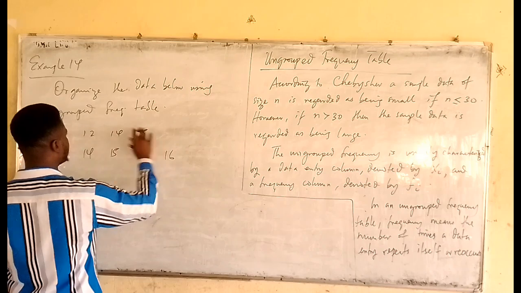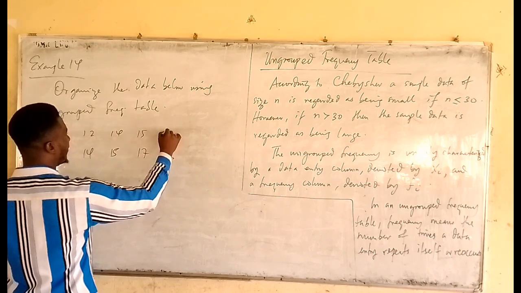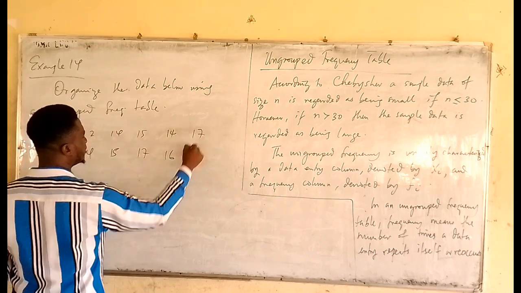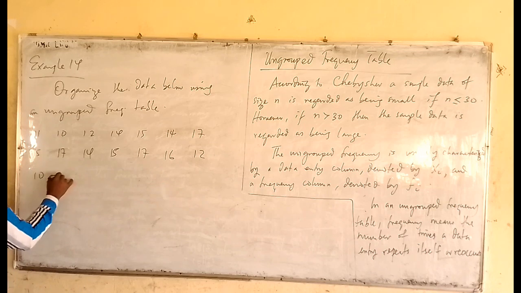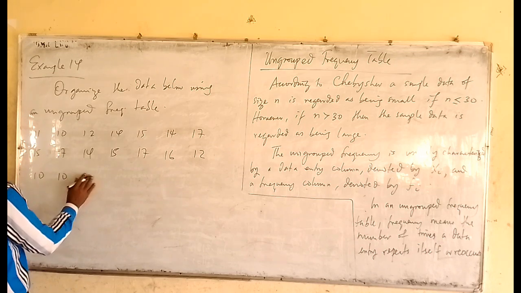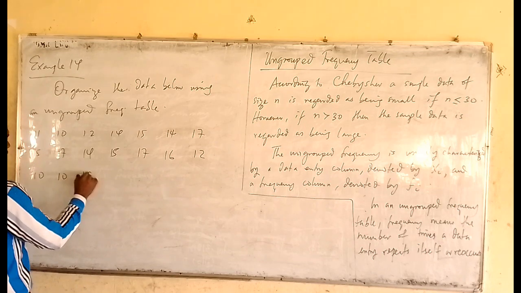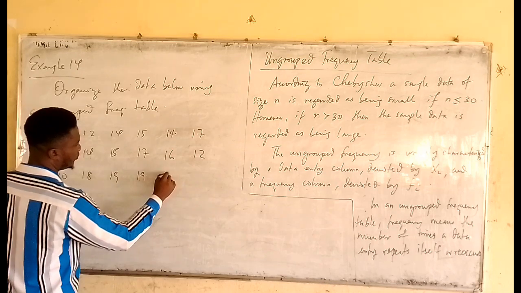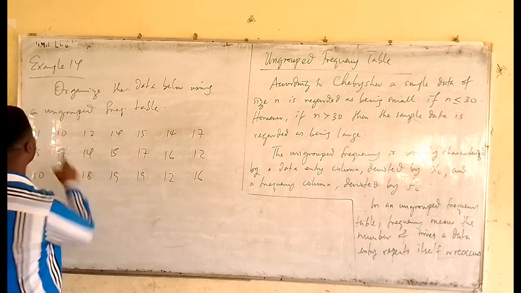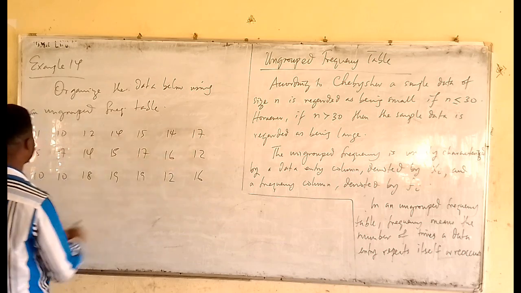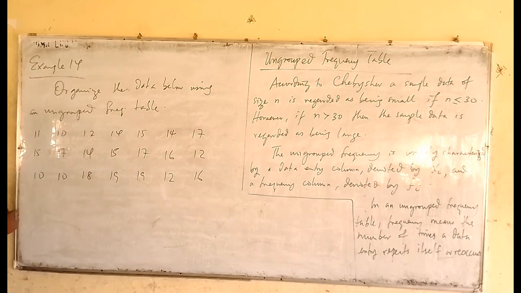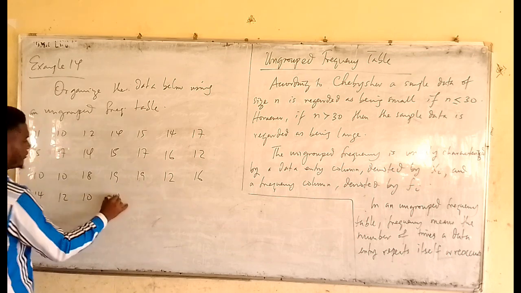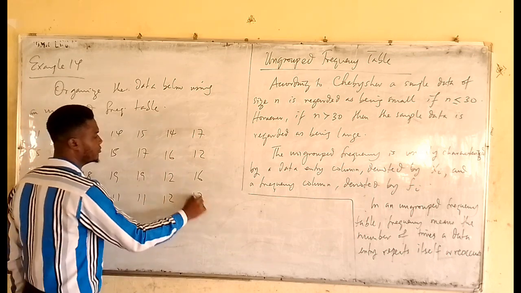Let me put here 14, 17, 12, 10, 10, 18, 19, 19, 12, 16. That's how many? 1, 2, 3, 4, 5, 6, 7. 7 by 5 is 35, right? Okay, 14, 12, 10, 11, 11, 12, 13.